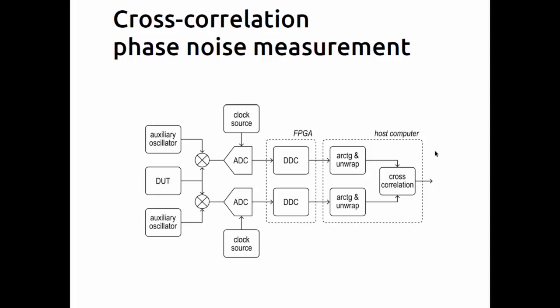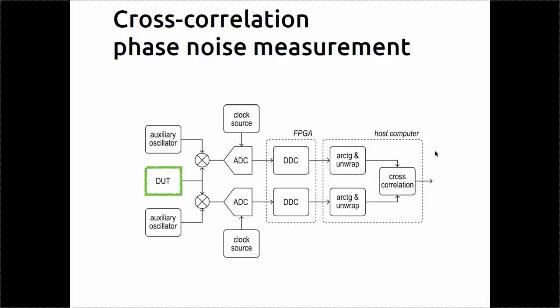So how does the cross-correlation scheme we implemented work? Here is our device under test: an optical frequency comb locked to an optical cavity, for which we detect the pulse train with the scheme I presented before.